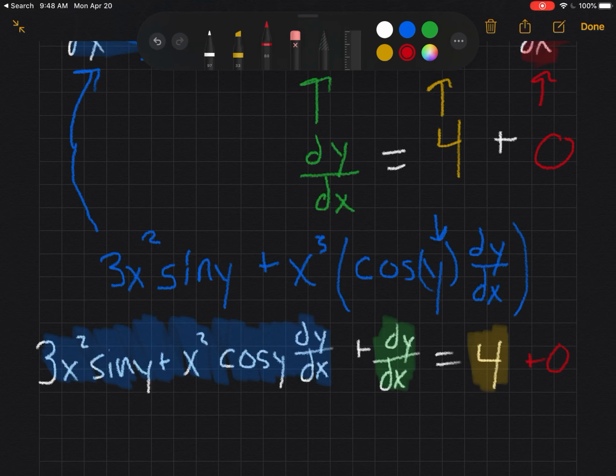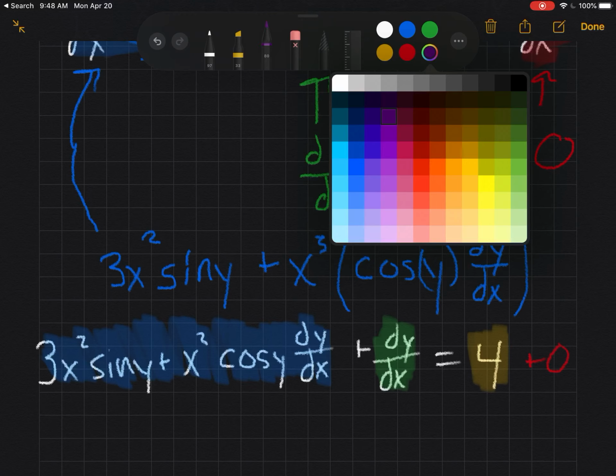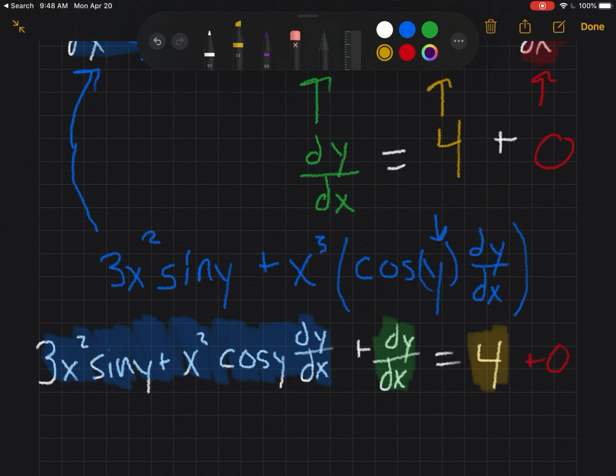And just to remind us where all these pieces are coming from, all of this is the derivative of our first chunk. And then this is the derivative of our second piece. And this is the derivative of our third piece. And then we had a plus 0 out here, but we're not really writing that anymore because it's not that important.